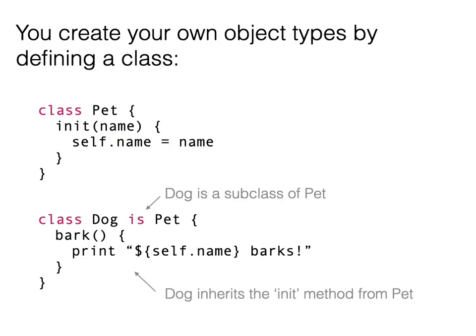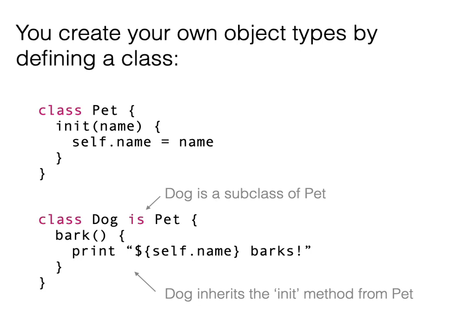You can make your own object types with the class keyword. Here we're making a class called pet that, when we make a pet, takes a name and stores it. The special method init is called the initializer. It is what allows us to specify the initial state of the object. We now make a second class called dog.